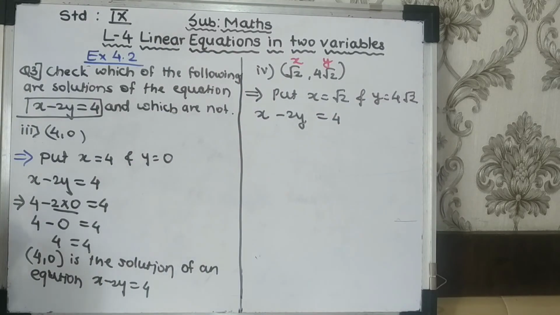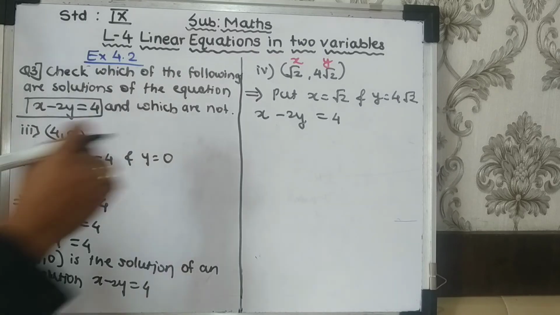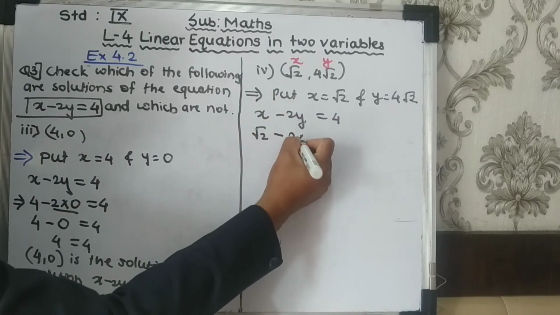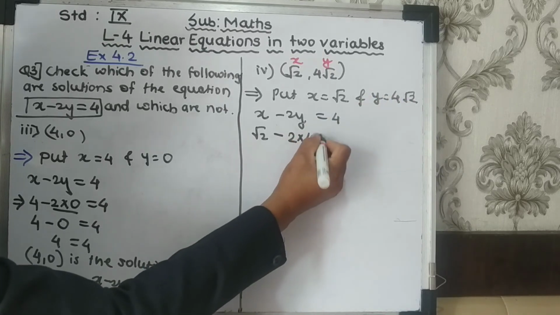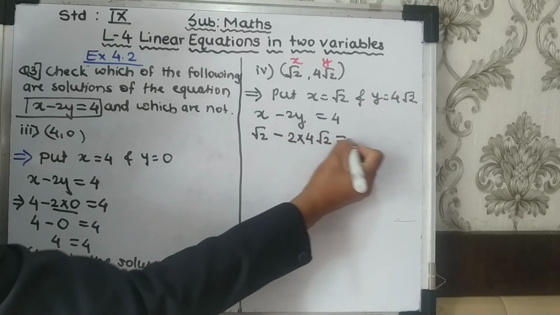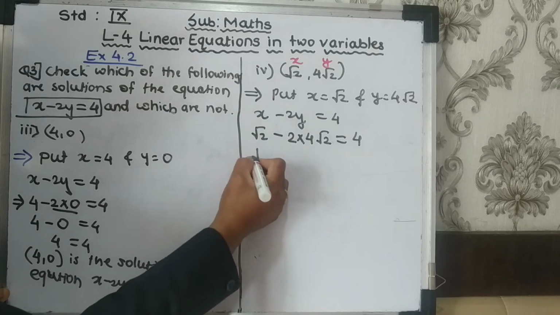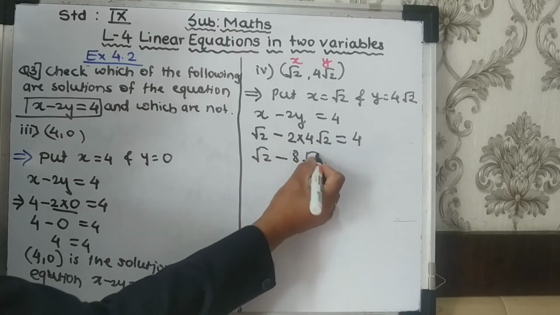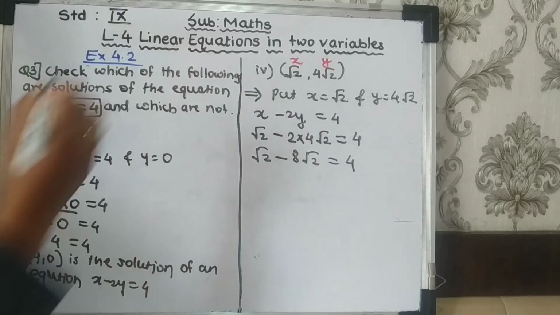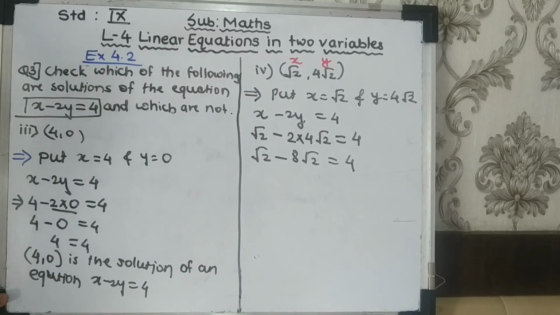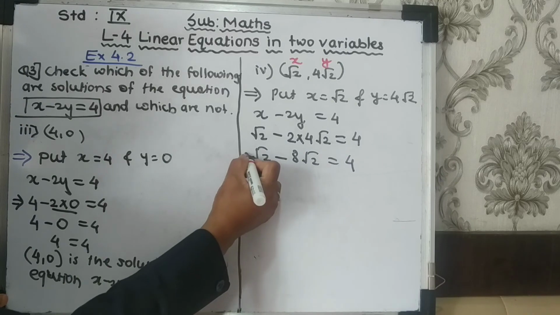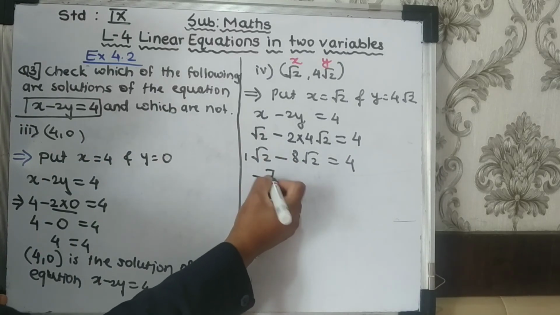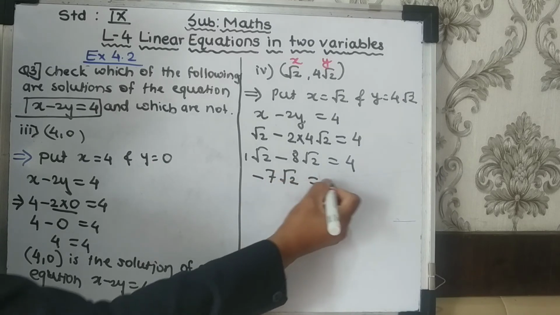You can solve in LHS and RHS way also. So x value root 2 minus 2 into 4 root 2 equals to 4. Now root 2 we will keep as it is. 2 4s are 8. Root 2 is equals to 4. Now root 2 here we don't have means 1. So 8 minus 1 is what? Minus 7 root 2 equals to 4.